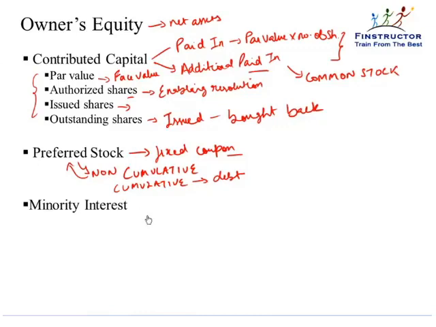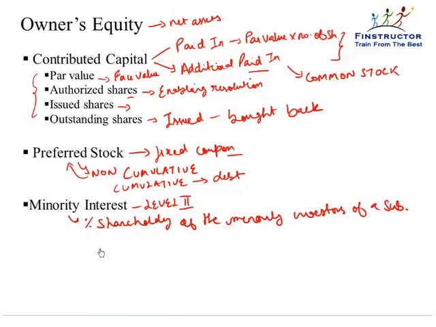So cumulative preferred stock is more like debt, but non-cumulative is what we'd normally show as a part of owner's equity. Now we'll study minority interest in more detail in level 2. However, just to give you a brief definition of what this component means, it represents the percentage shareholding of the minority investors of a subsidiary. Let's understand an example.